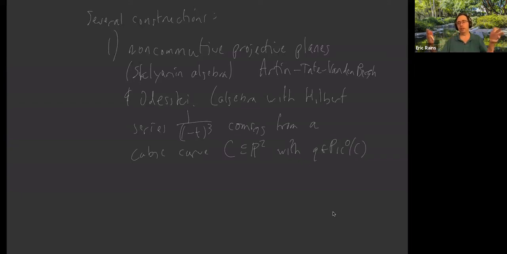So the generic thing C is an elliptic curve, smooth of genus 1. And so Q is a point on the corresponding elliptic curve. And then in the other cases, there are the nodal cases where Pic^0 is the multiplicative group, and there are cuspidal or non-reduced cases where Pic^0 is the additive group.